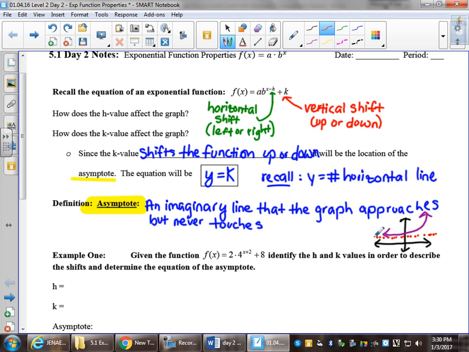And I'm putting it as a dotted line because it's invisible, it's imaginary. That dotted line would be the location of k, and its equation would be y equals k. That's the imaginary line that this graph will never cross. And again, it's dotted because it's invisible.